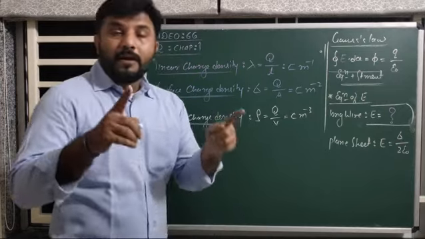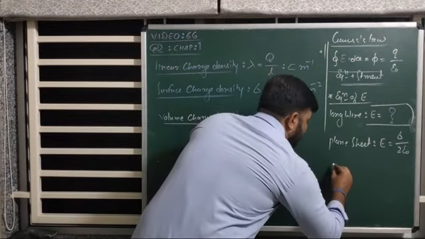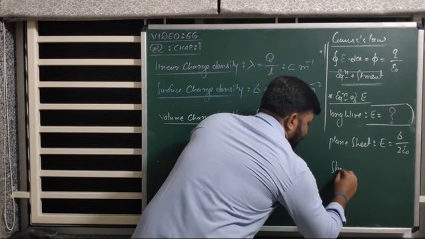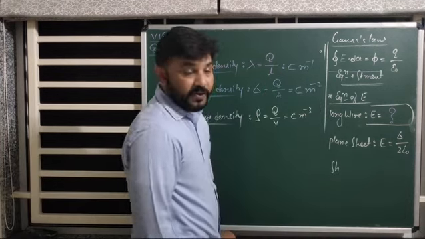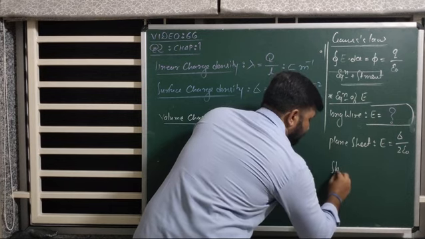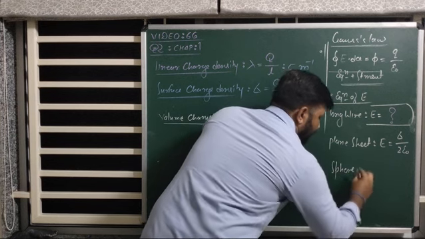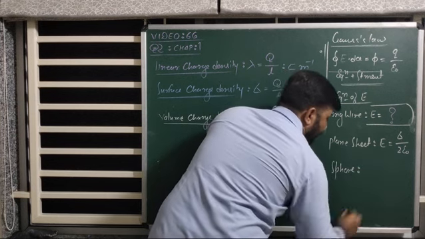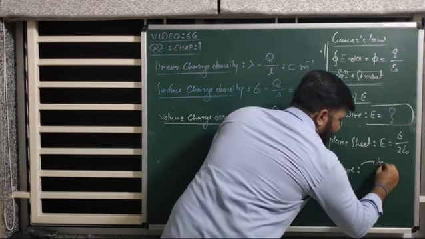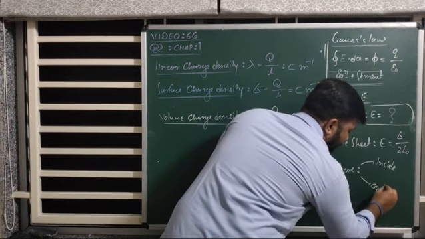Right? Then the last application of Gauss law was about the shell. Was it a shell or a sphere? Yes, sphere. For a sphere, we have obtained two equations, that is inside and outside.